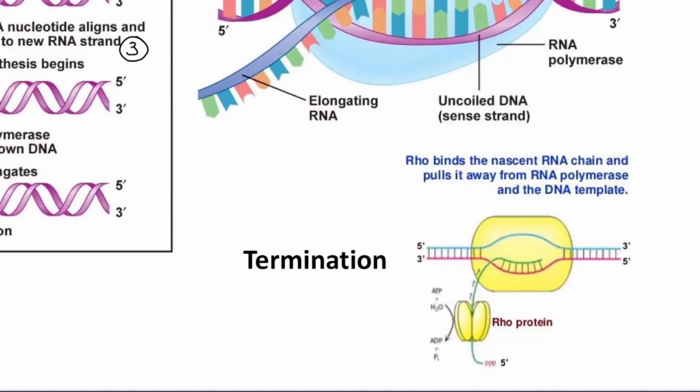So it's going to go in and pull away that newly synthesized RNA strand from the RNA polymerase and the DNA template. So the Rho protein, in its interaction with that RNA polymerase molecule, is like, hey, you're done with your job. Thank you for making that RNA molecule, and the system basically comes apart, and then the RNA polymerase goes to whatever other segment of DNA it needs to go to in order to perform another transcription.